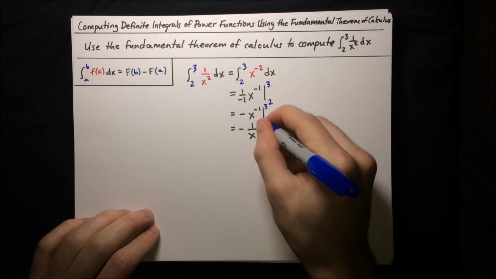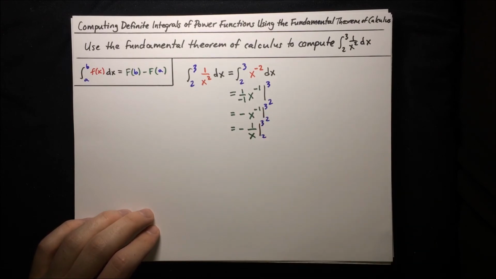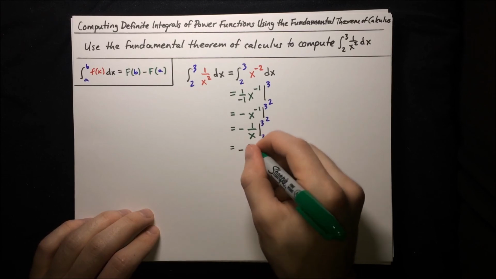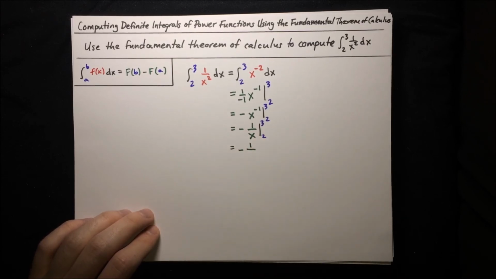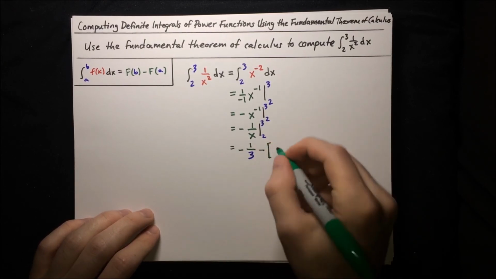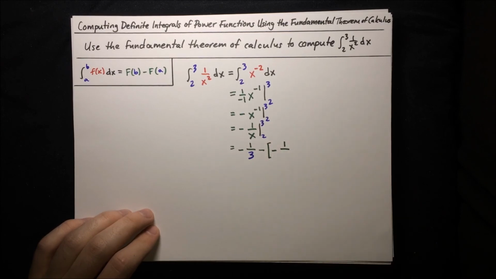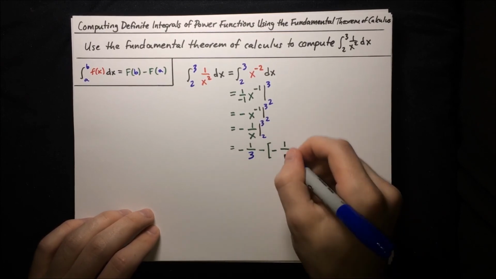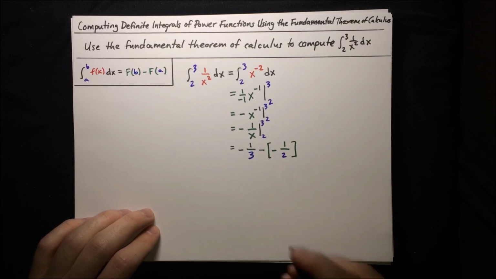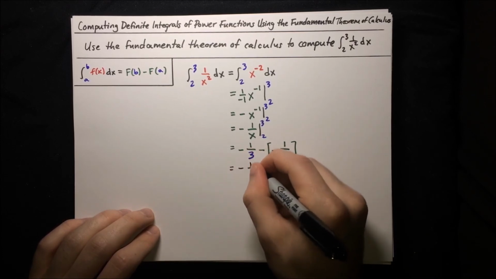Okay, now it looks pretty easy to plug in and compute, so let's go ahead and do that. So plugging in our top bound, it's negative 1 over top bound is 3, and then minus negative 1 over bottom bound is 2. Okay, so simplifying this then, we just have negative 1/3.